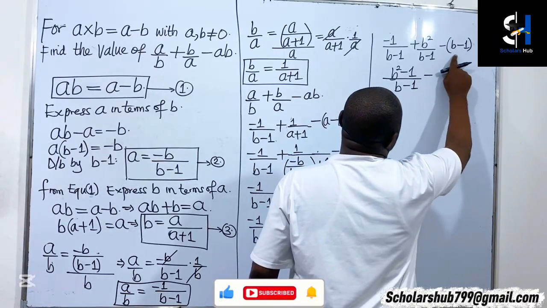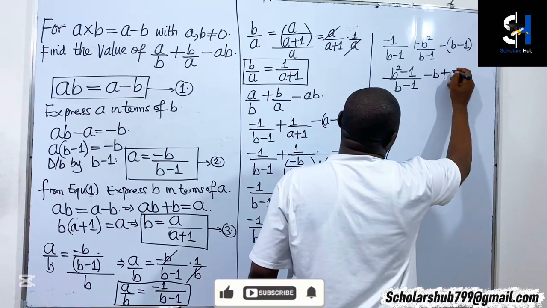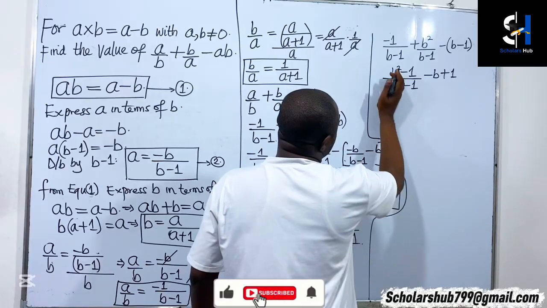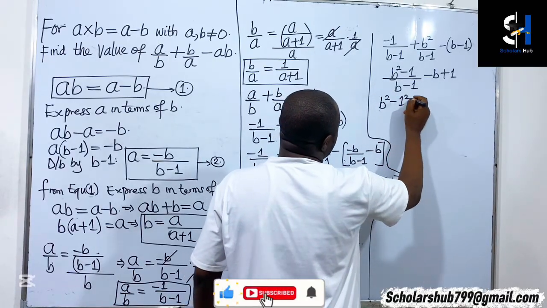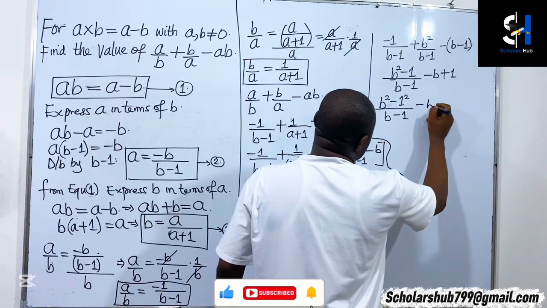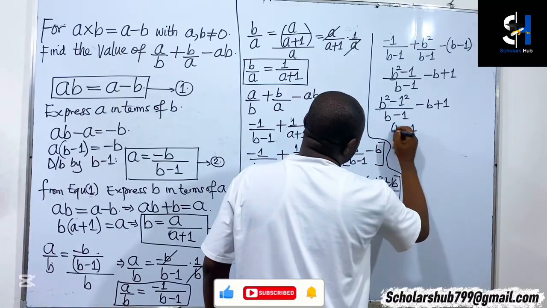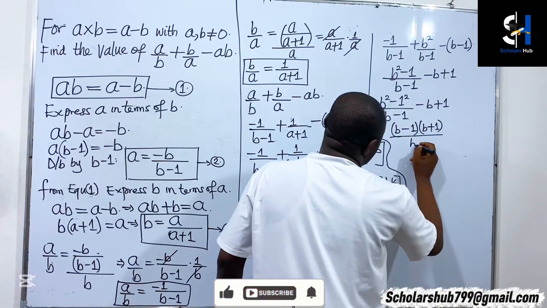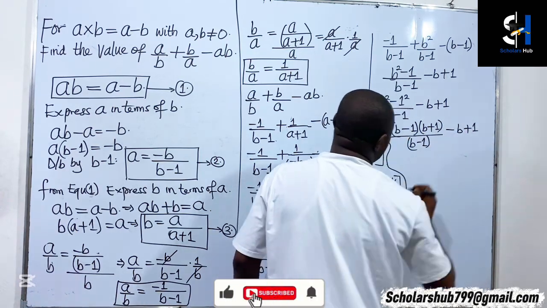Then if we open this parenthesis, distributing the minus, we have negative b plus 1. In this case, we have a difference of two squares: b squared minus 1 squared over b minus 1, then negative b plus 1. So this will be b minus 1 multiplied by b plus 1 over b minus 1, then negative b plus 1.